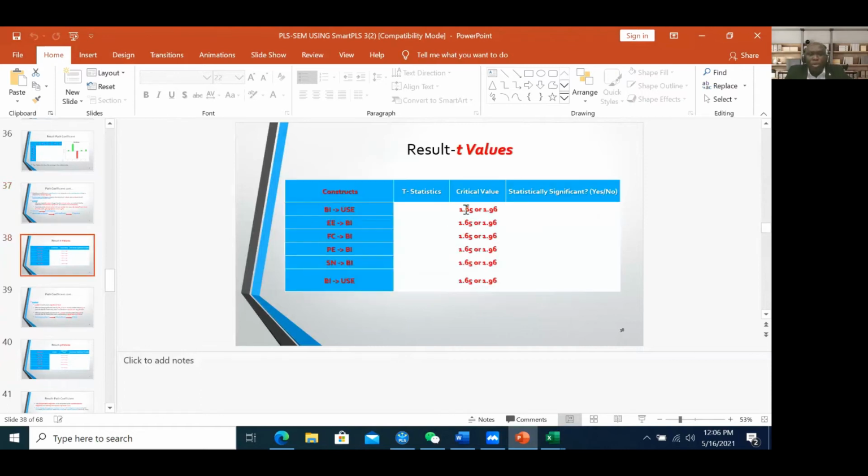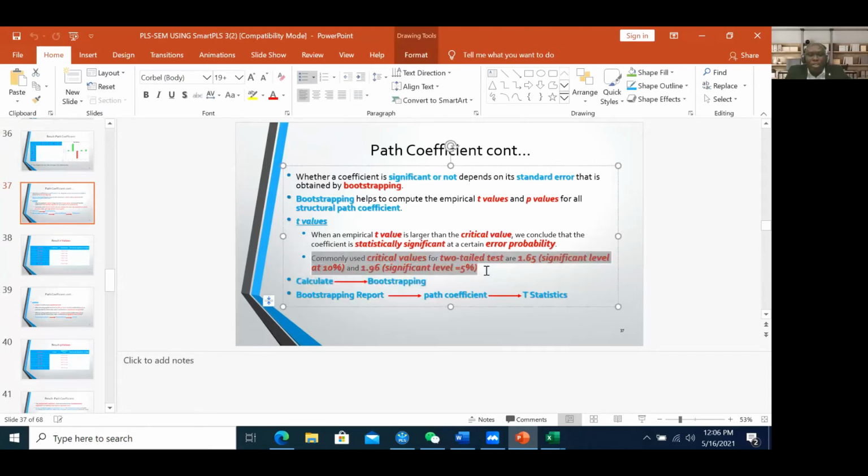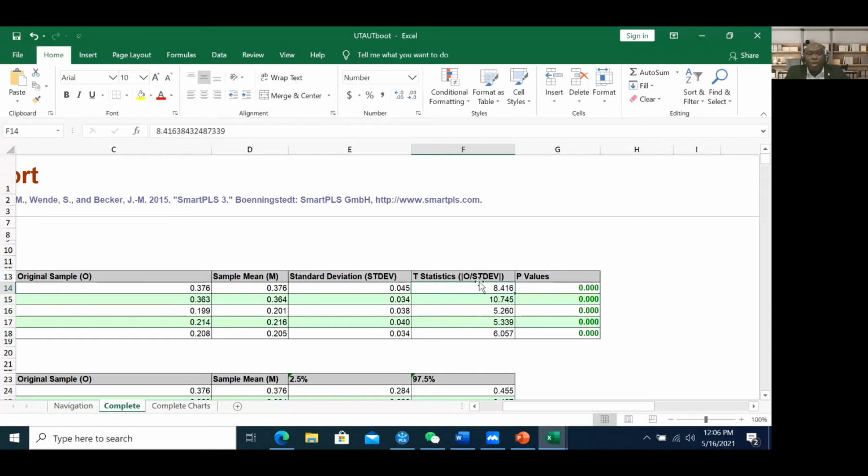The T statistics has to be above 1.65 at significance level of 10% and 1.96 at significance level of 5%. We look in this table and assess whether it meets the criteria. You see that all of these are above 1.96 or 1.65, so the T statistics has been met.